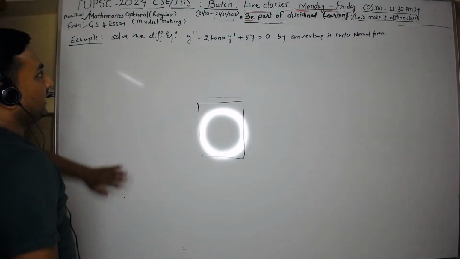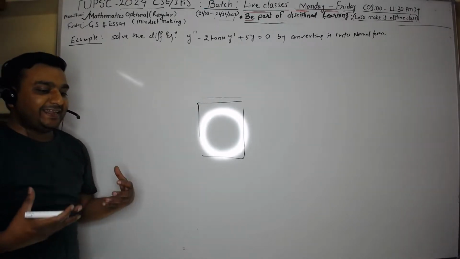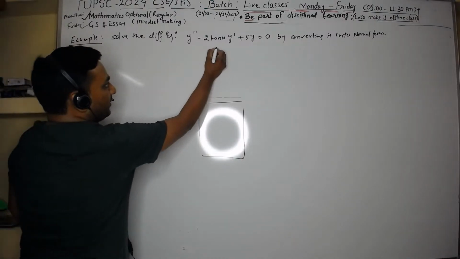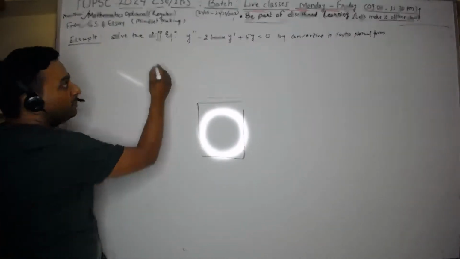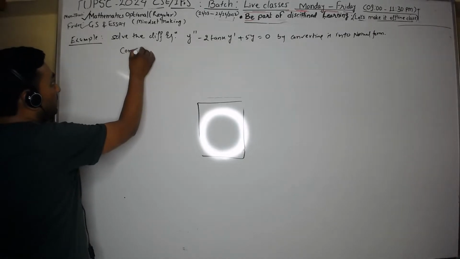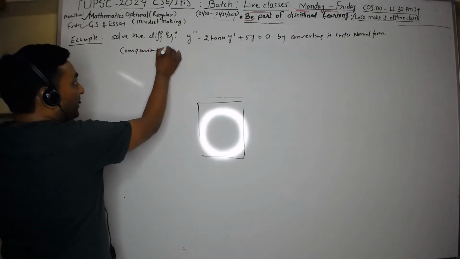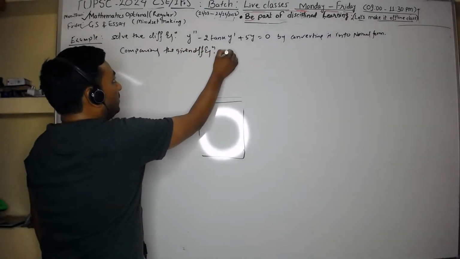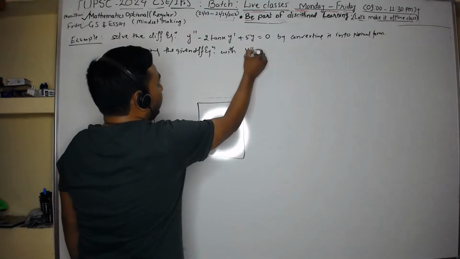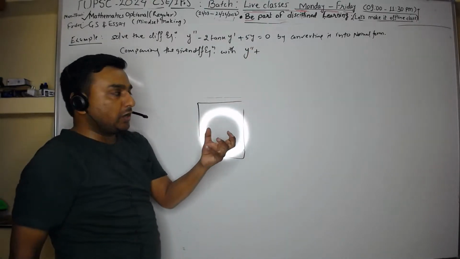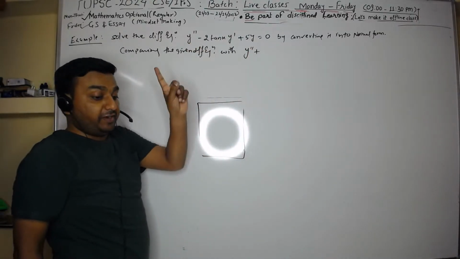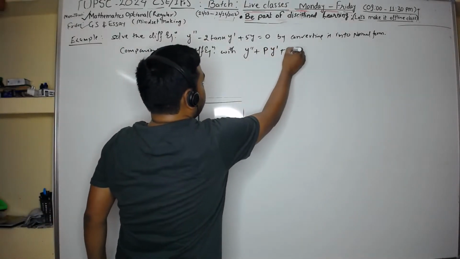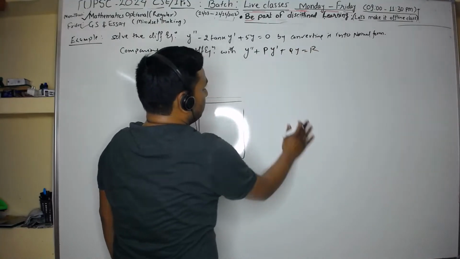Okay dear? Let's say now I want to get a grip over my method. Let's go. This is a differential equation of the form, what is the first form? Comparing the given differential equation with y double dash, please make sure the coefficient of double derivative is 1, plus p y dash plus qy equals to r.